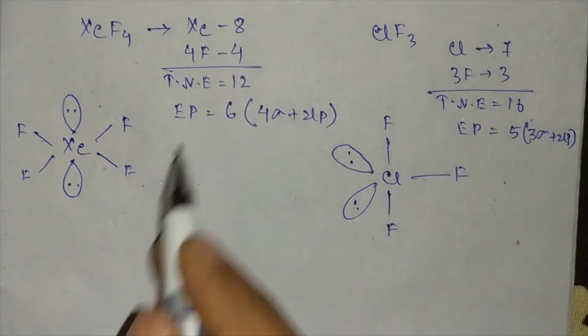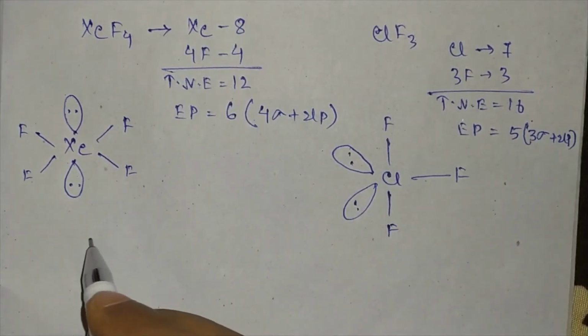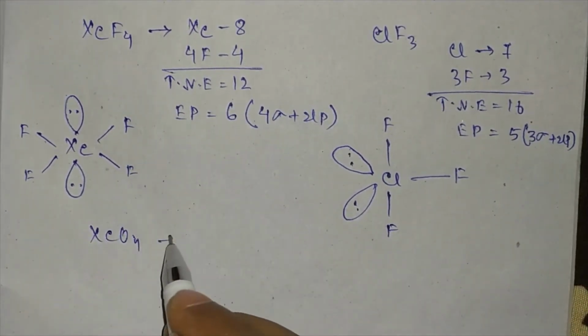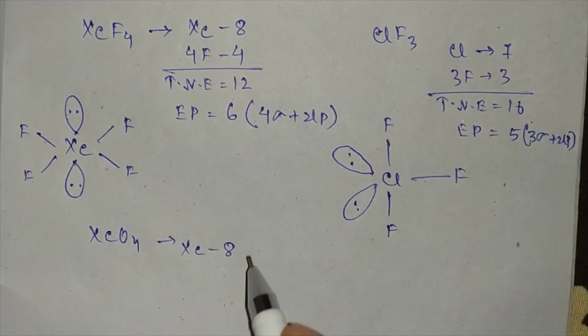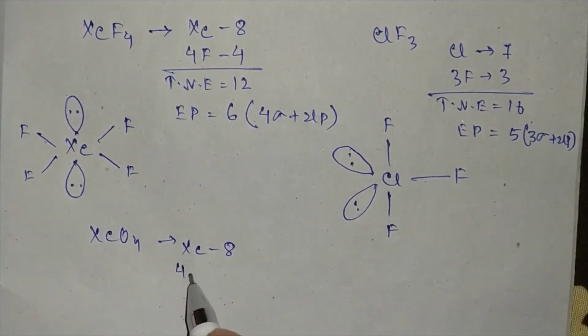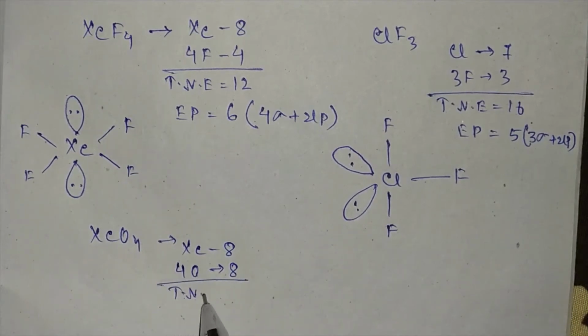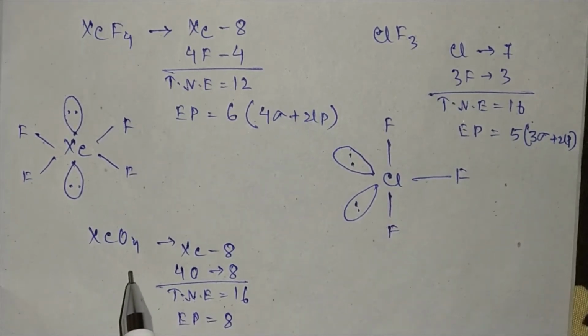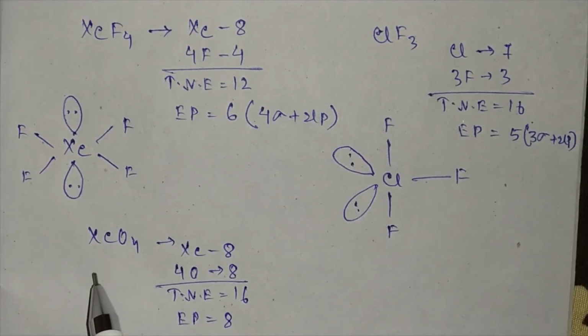Now we will come to XeO4. Xe has 8 electrons, 4 oxygens will give total 8 electrons, total number of electrons equal to 16, electron pairs equal to 8. Now each oxygen will be bonded to Xe with 1 sigma and 1 pi bond.